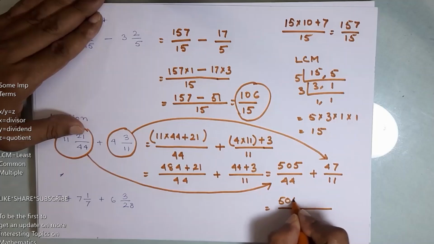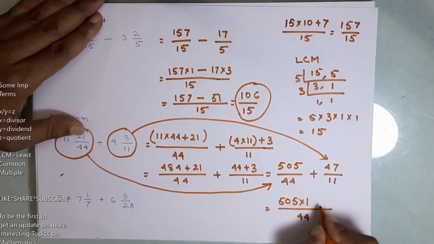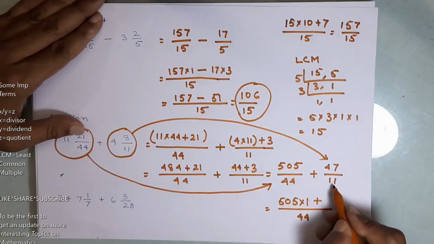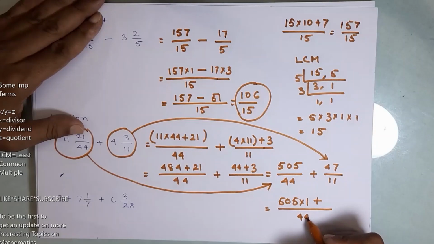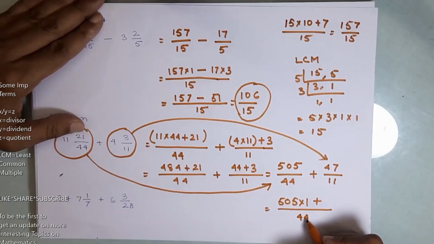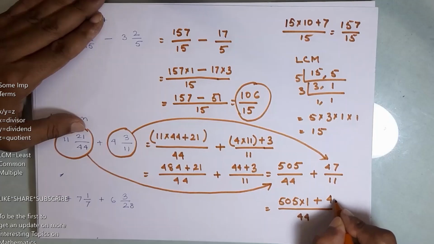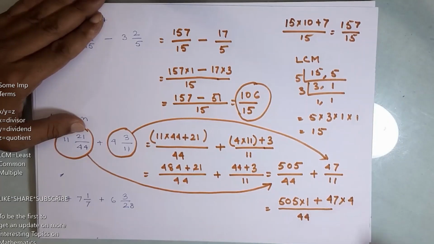So 505 multiplied by 1, plus then again for the next fraction, the denominator will be dividing this LCM value, which is your dividend, and the result, the quotient, which is 4, will be multiplied by 47. 47 multiplied by 4.